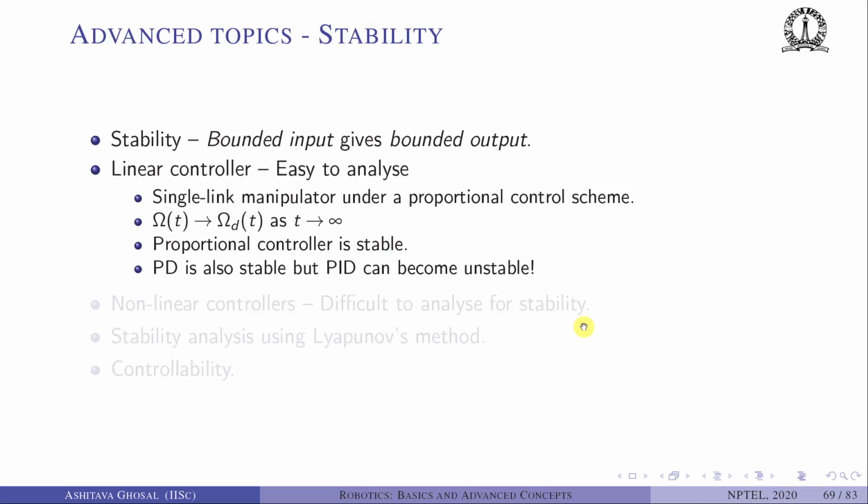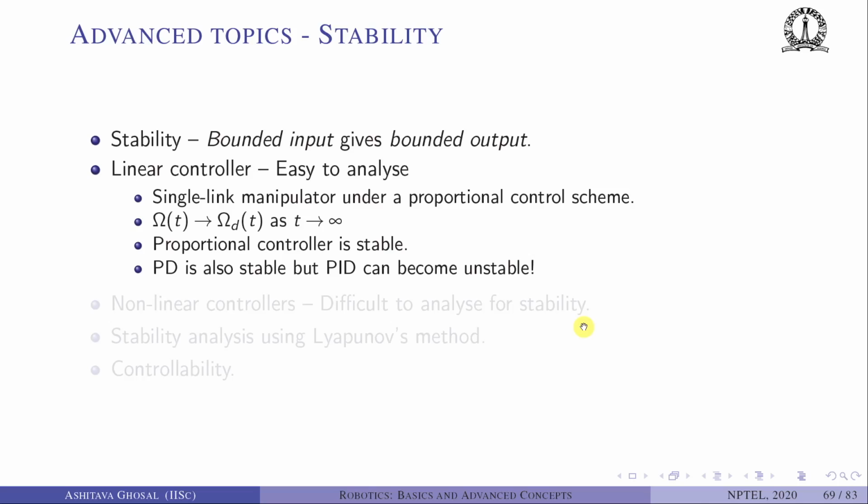However, the PID controller is not necessarily stable. A PID controller can make a stable system unstable. Why? Because the I introduces a term like Ki divided by s. So if you have a second order system and you add an I controller to it, it will become a third order system. And third order systems can become unstable.